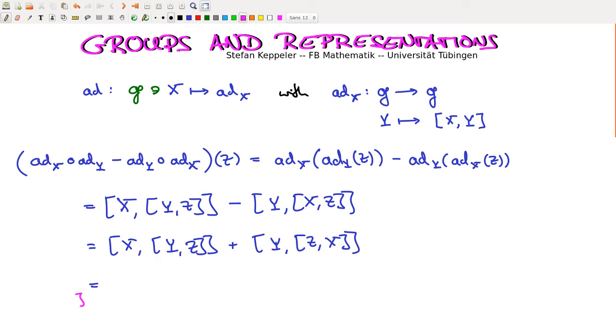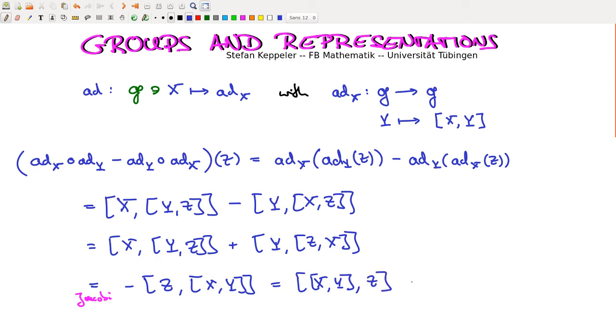So this is, according to the Jacobi identity, minus the third cyclic permutation, z with x and y. Okay, and now let's use this minus sign here and exchange these two terms. Then we have x with y, commutator with z.